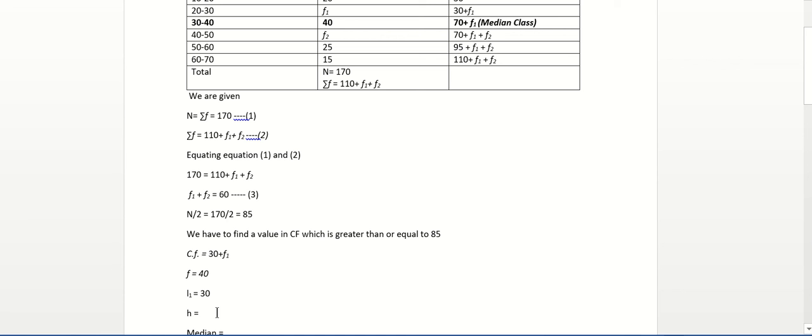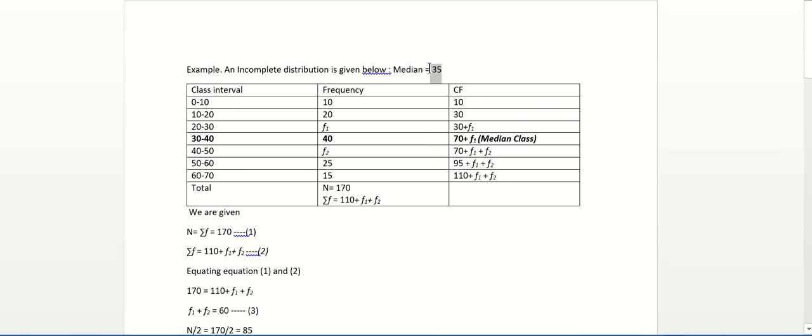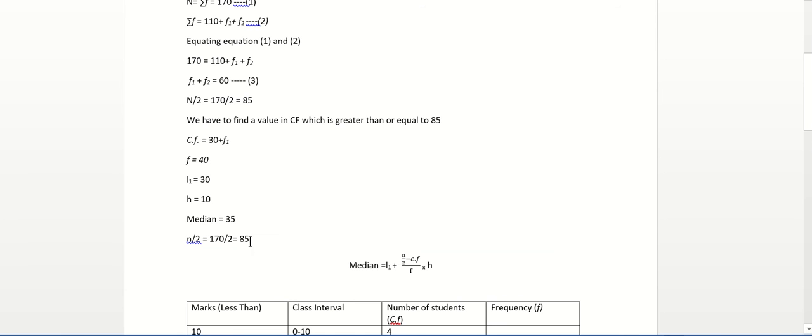H is 10. Median is also given to us in the question, that is 35. So I will put this value here. Now n by 2 is 85, which we have already calculated. Now I will put all the values into the median formula.